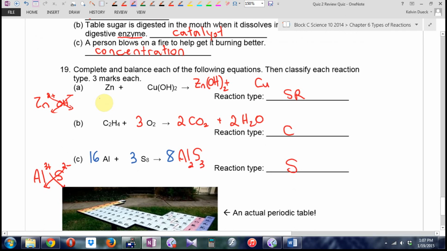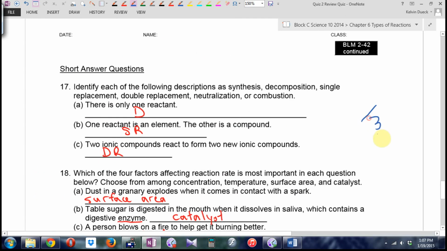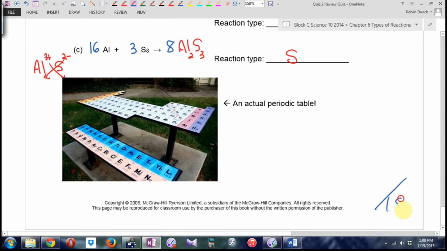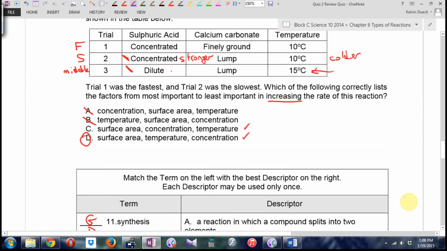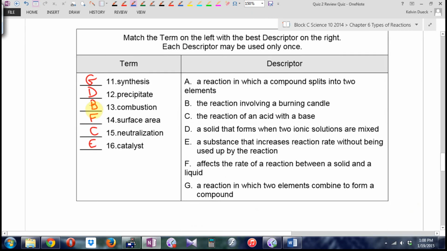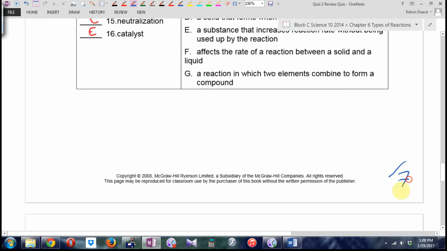So this page, question number 19, is out of 9. So it's out of 3, which makes this whole page out of, count them, 18. What was this page out of? 1, 2, 3, 4, 5, 6, 7. This page out of 7, right?